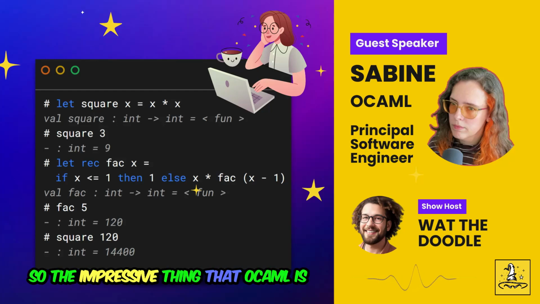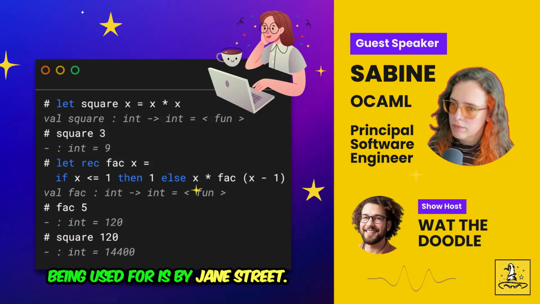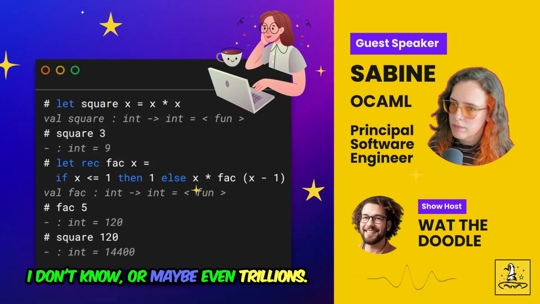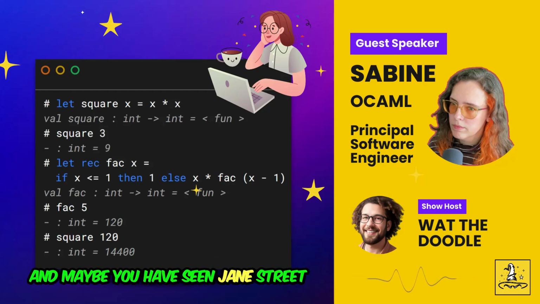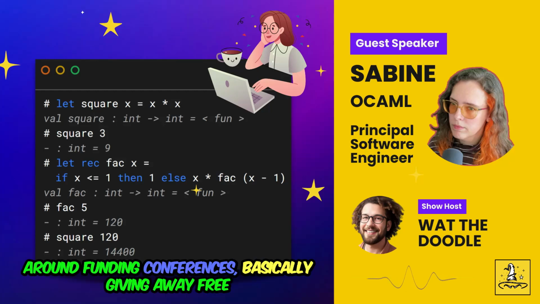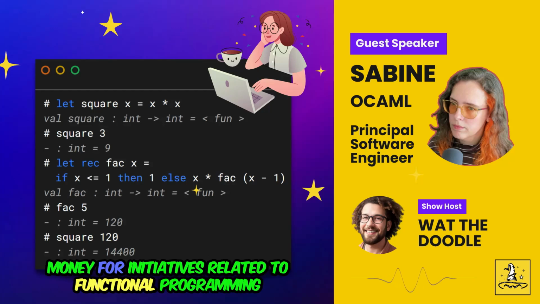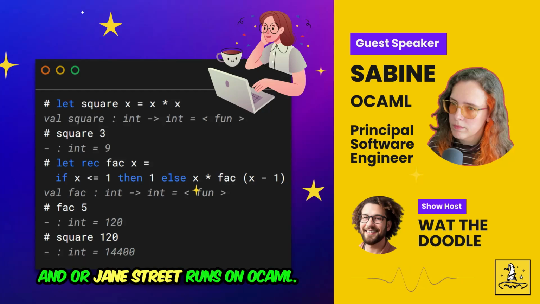The impressive thing that OCaml is being used for is by Jane Street. Jane Street is a trading firm that moves billions of money, I don't know, or maybe even trillions. I don't know exactly how much, but it's huge amounts. And maybe you have seen Jane Street around funding conferences, basically giving away free money for initiatives related to functional programming. And Jane Street runs on OCaml.